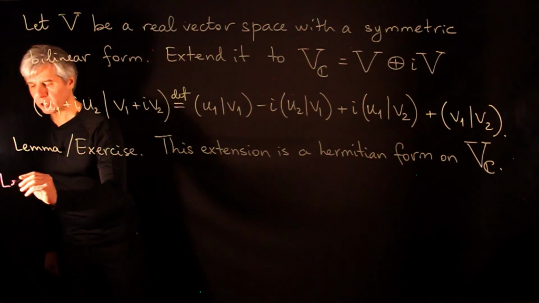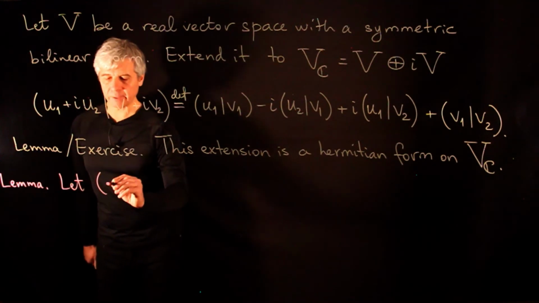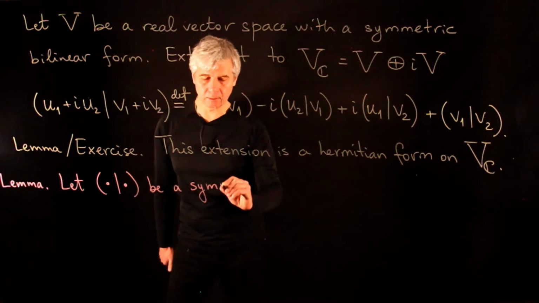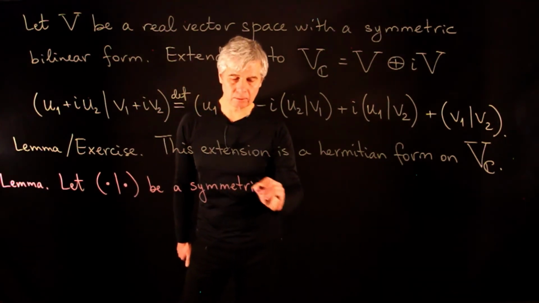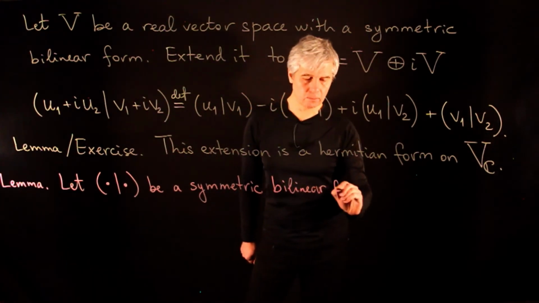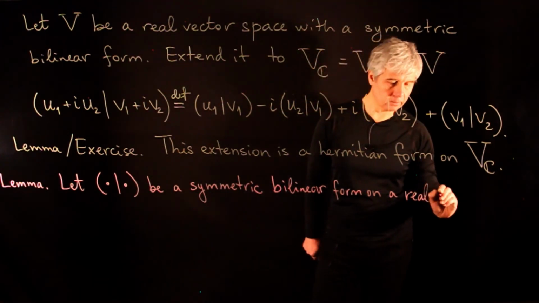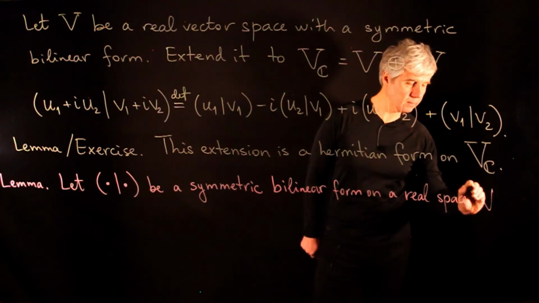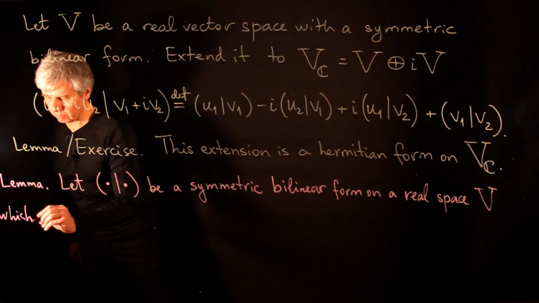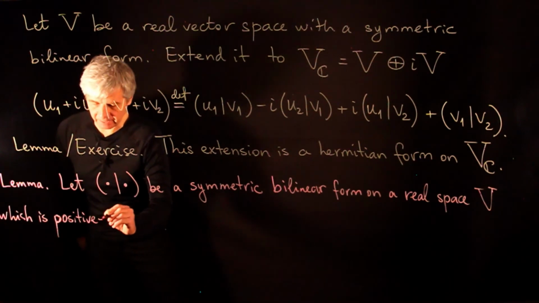And now let us mention another lemma. Let we have a symmetric bilinear form on a real space V, which is positive definite.